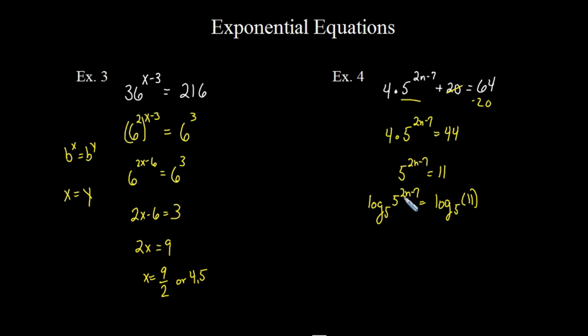And then this exponent, you can think about this just canceling, just being left with the exponent, but we can also just move that exponent out front, and it would be 2n minus 7 times 1, because log base 5 of 5 is 1. We will just be left with the 2n minus 7, using inverse functions here. Those cancel, and then log base 5 of 11.